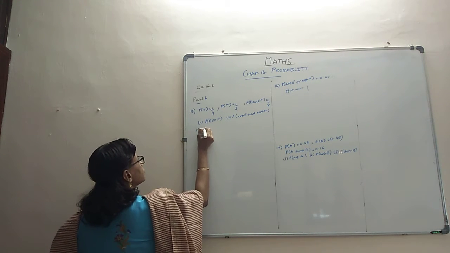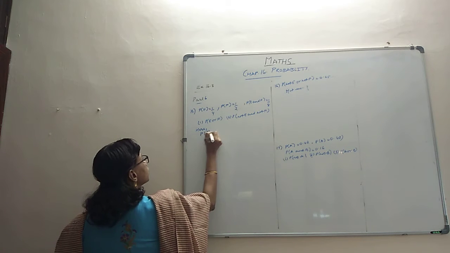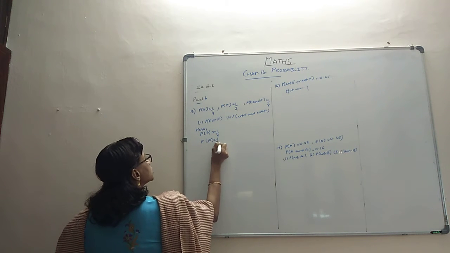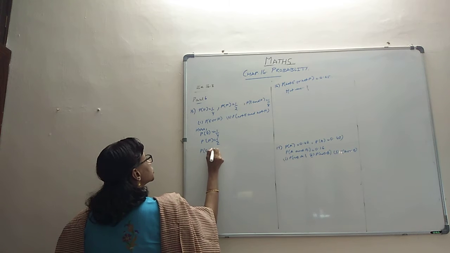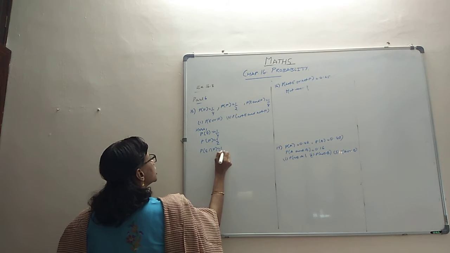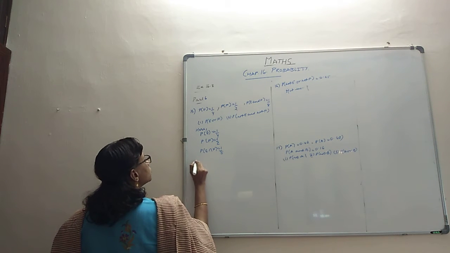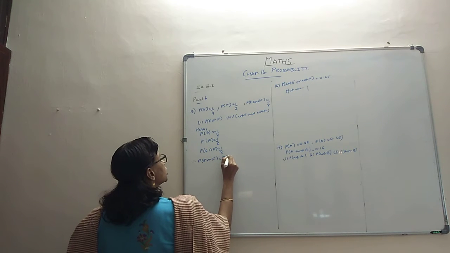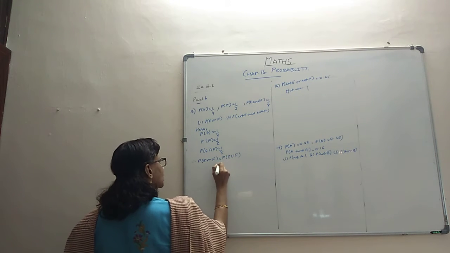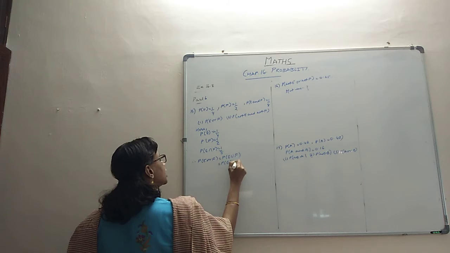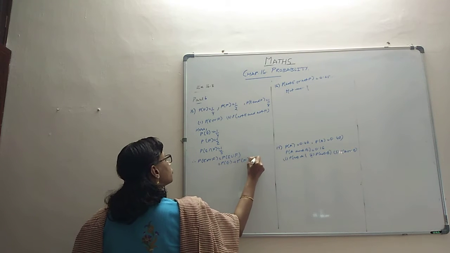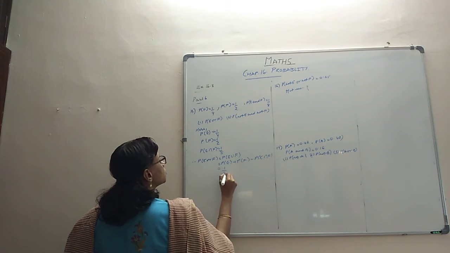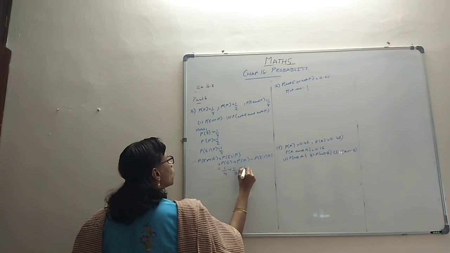Here we have the probability of E as 1 by 4 and the probability of F as half, and because it is "and", it means E intersection F, that is 1 by 8. So E or F means probability of E union F, and by formula we all know that it is probability of E plus probability of F minus probability of E intersection F. So let's put in the values 1 by 4, 1 by 2, 1 by 8.